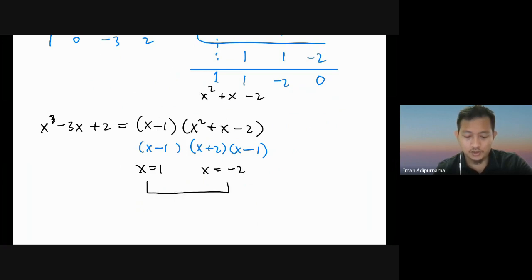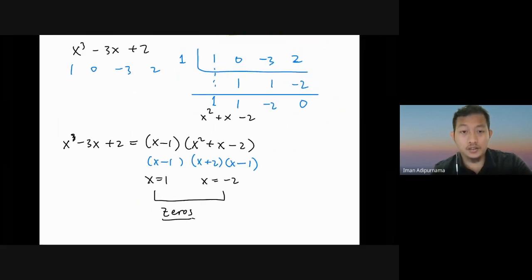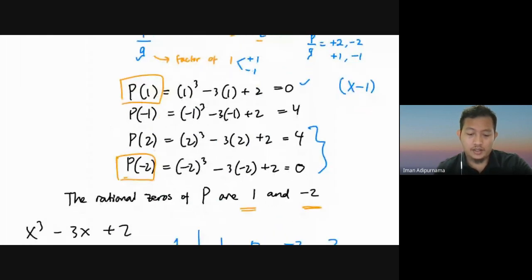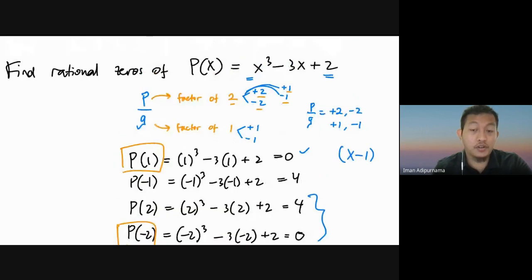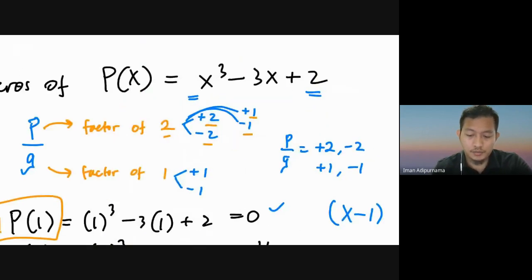So these are our zeros. Okay, we can look at this method also to check whether we have our zeros or not. And you can also check with some trial and error. Try some numbers from the factors here from P over Q. Okay. So remember, this is P, Q.